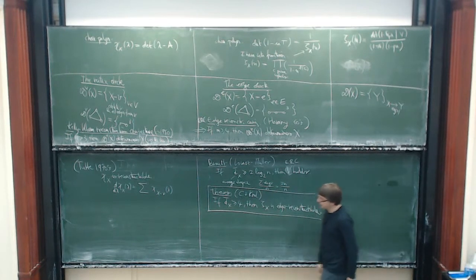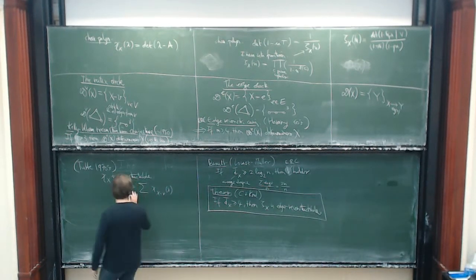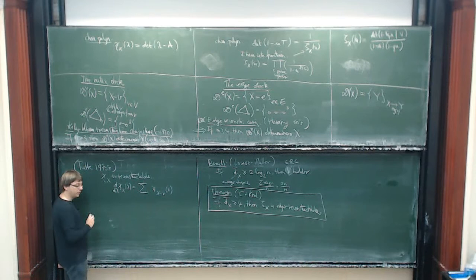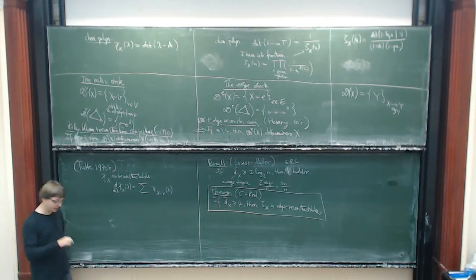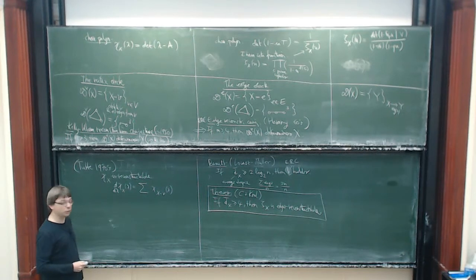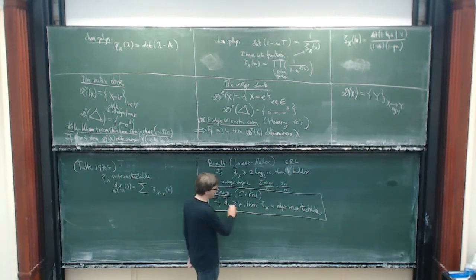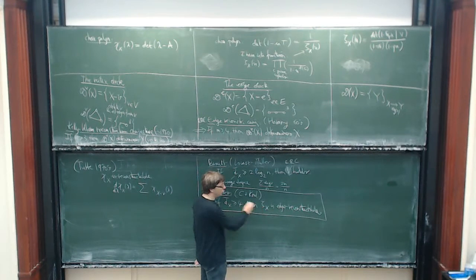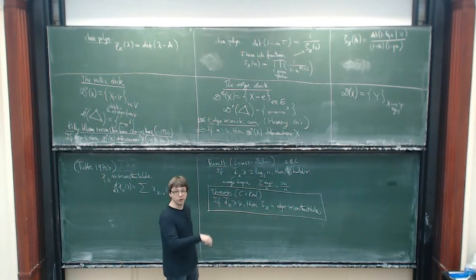Once you know this, you can use this polynomial to understand vertex walks, by which I mean walking from vertex to vertex, but jumping back as often as you want. You can use this theorem to understand non-backtracking walks, genuine walks on the graph.